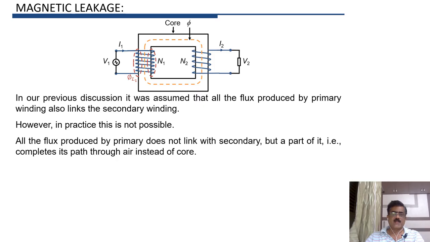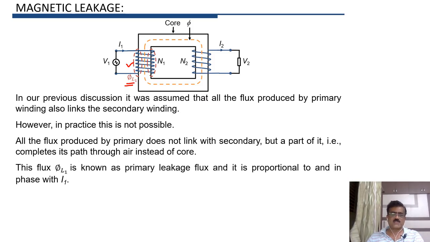So here all the flux produced by primary cannot link with secondary, but a part of that flux, that is phi L1, completes its path through air and will not pass through core, and therefore flux phi L1 is linked with primary winding only and will not link with secondary winding.